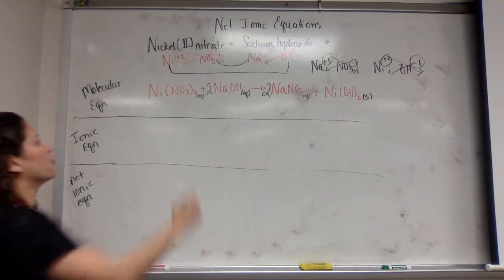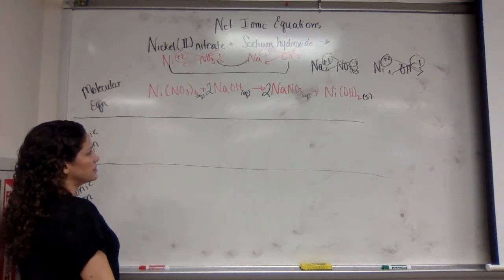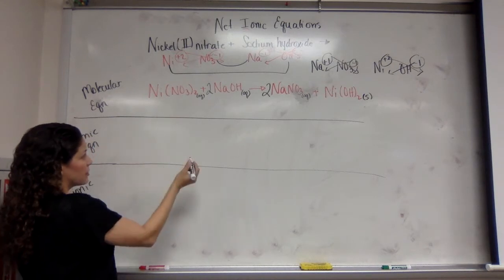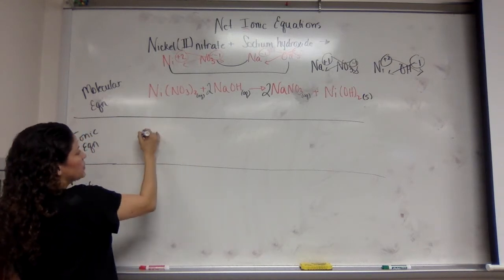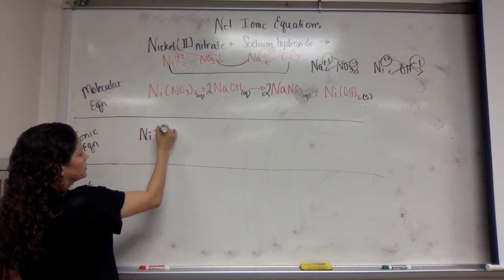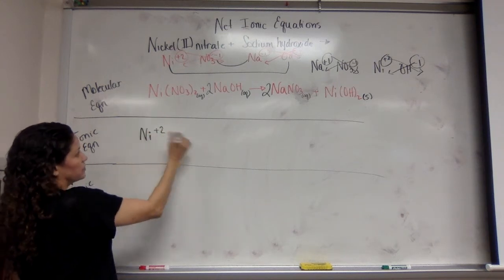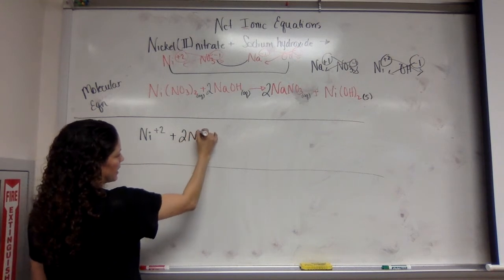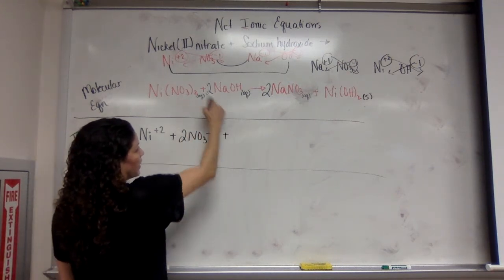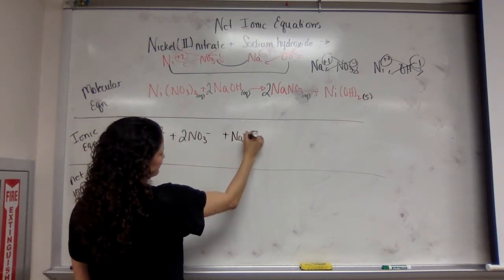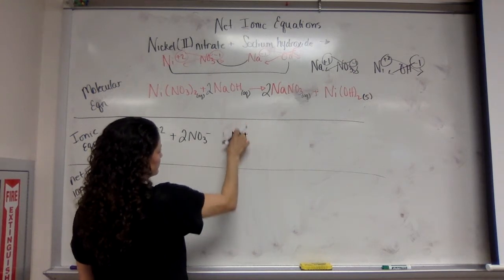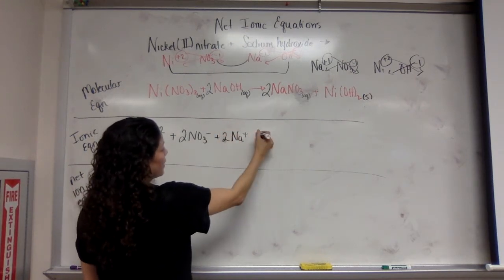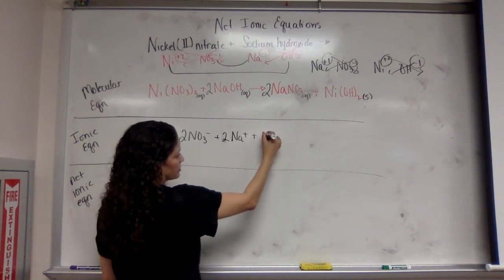All right, so I'm going to write these down into their ions as they will disassociate. So I'm going to have nickel with a +2 charge, and I only have 1, so I don't have to do anything special. Plus, I've got 2 nitrates. They're going to split out. I'm going to have 2 sodium ions, and I'm going to have 2 hydroxide ions.